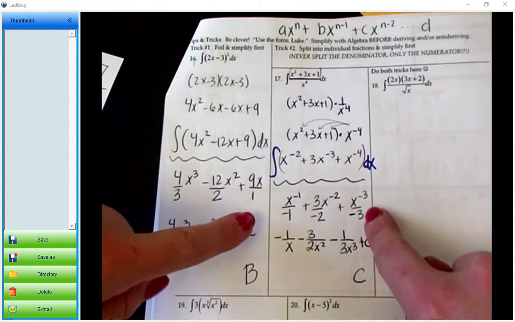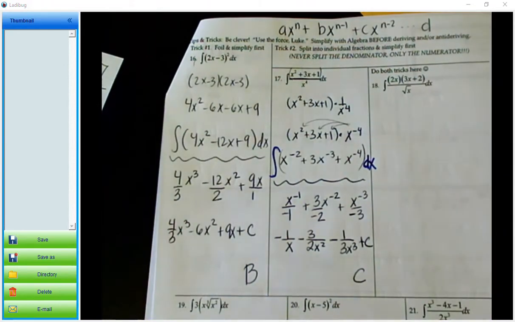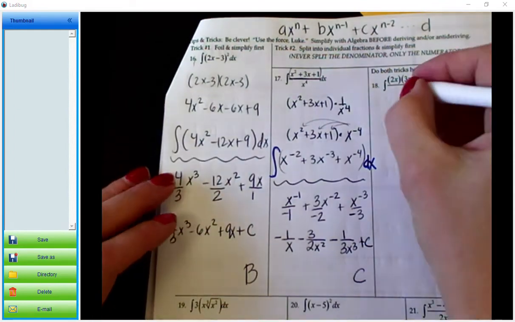Right? Once you do the antiderivative, the symbols are gone. B and C. Okay. 18? Both tricks. Multiply and distribute the negative exponent.